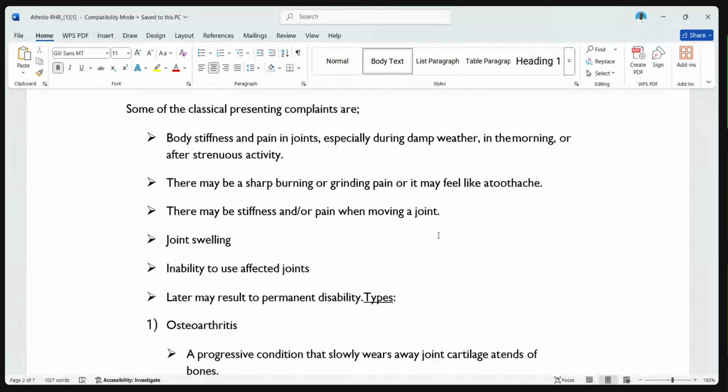And then there's stiffness and pain when moving the joints, and there's also joint swelling. We talked about the inability to use the affected joints. I mean, difficulty in locomotion, and this may later result in a permanent disability.